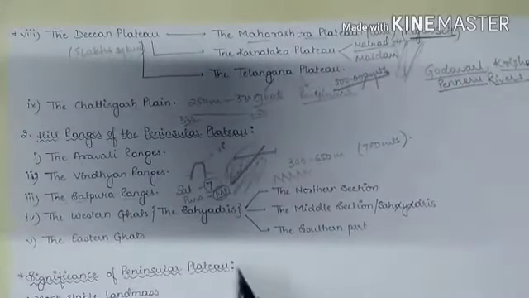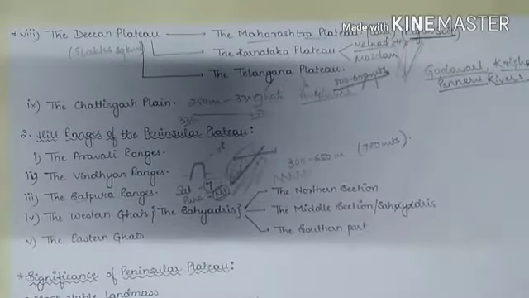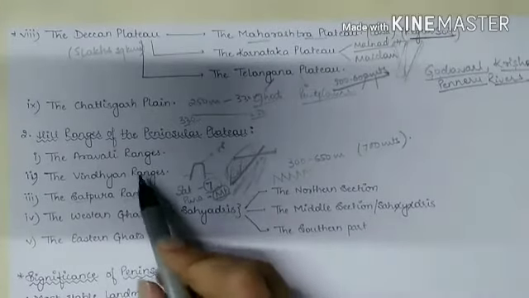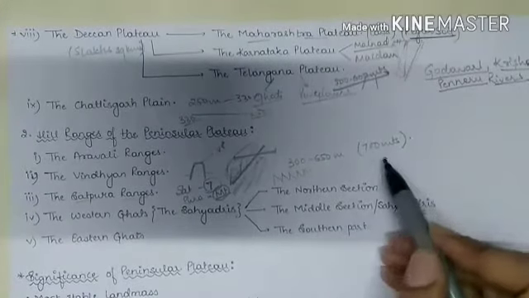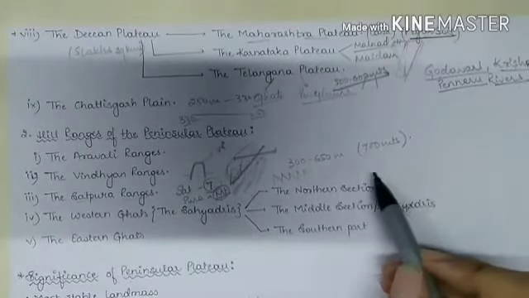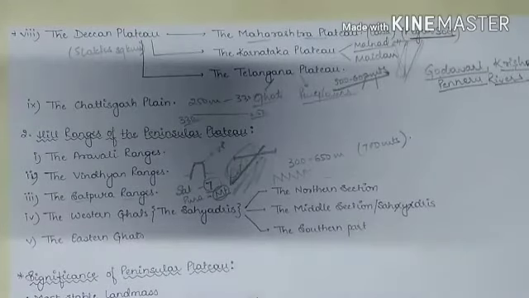Now these Satpura ranges run from east to west direction and they are at the south of Vindhyan ranges. So this is Vindhyan ranges, these are Satpura ranges and they run from east to west direction. They run in between Narmada and Tapi river, almost parallel to these rivers.